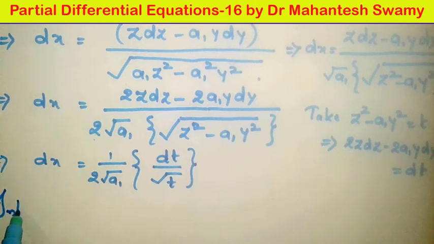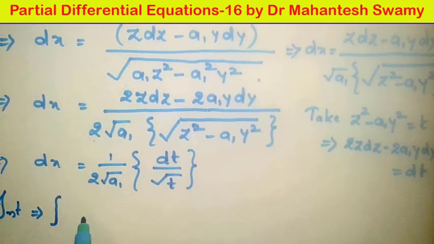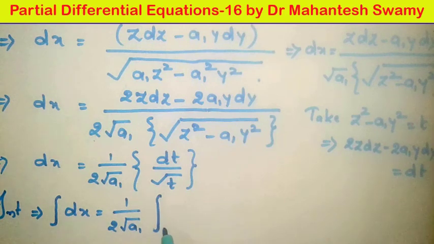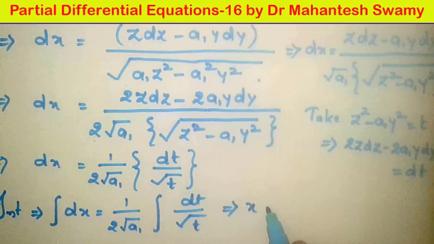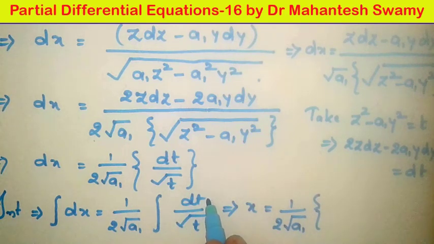Therefore when we integrate on both sides, it is integration of 1 with respect to x, that is equal to 1 by 2 root a1 as it is into integration of dt divided by root t as it is. Now this implies integration of 1 with respect to x is x, and on RHS it is 1 divided by 2 root a1 as it is, and it is t to the power minus half. When it is integrated with respect to t, it is t to the power plus half.